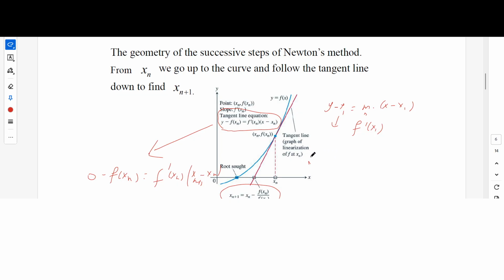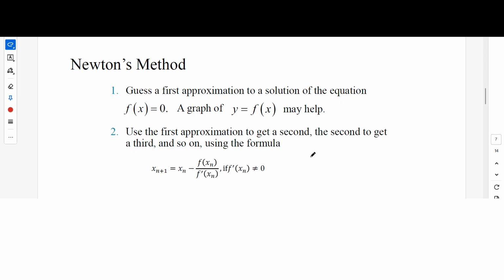Okay. So what is Newton's method? Newton's method is a method for finding the solution of a given equation. Solution means finding the zeros of the function. And how do you do that? To approximate the root of the function, we start with a first guess, or the first point where we already know the value.